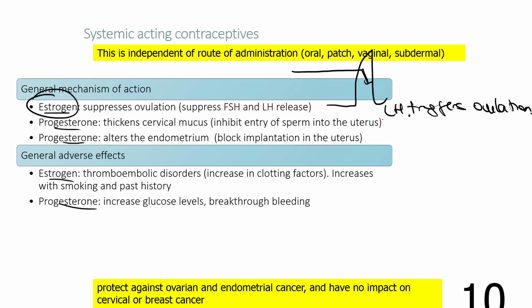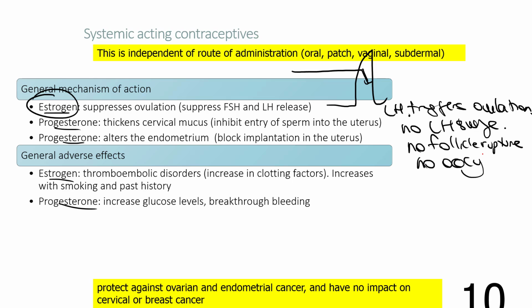So if you have no LH surge, then you have no follicle rupturing, no oocyte release, and then that nixes the whole idea of pregnancy occurring.